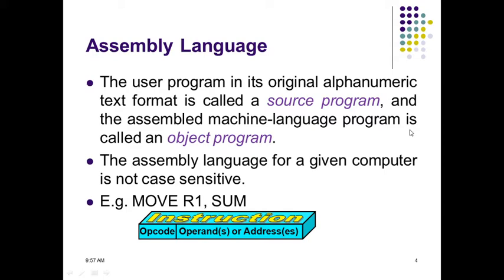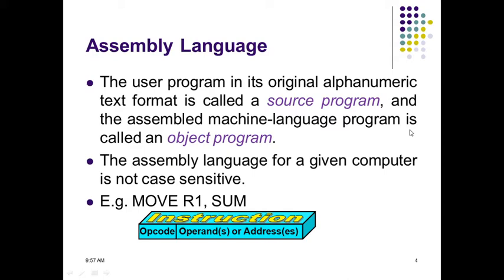Here, the assembly language for a given computer may or may not be case sensitive. That is, it may or may not distinguish between capital and lowercase letters. So this is very important. We'll use capital letters to denote all the names and labels in our examples in order to improve the readability of the text.